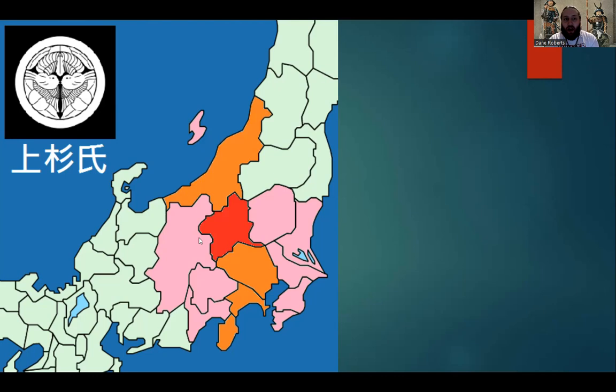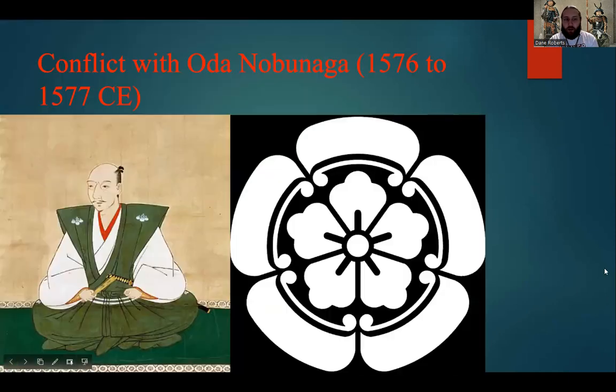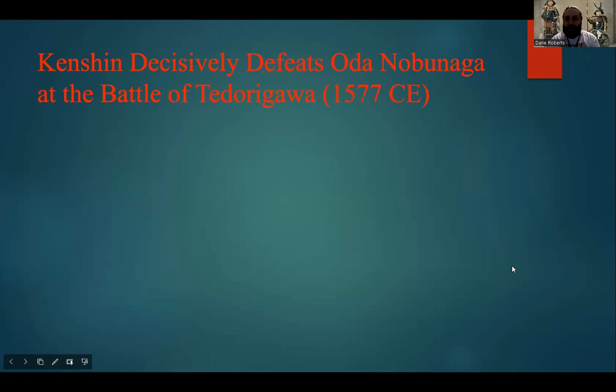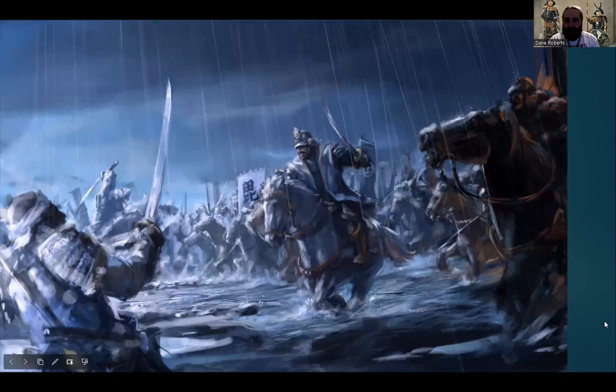And eventually, once the Uesugi clan increased its holdings, it would also bring the Uesugi clan into conflict with Oda Nobunaga, who would lead an army into Uesugi territory to battle Uesugi Kenshin at the Battle of Tedorigawa in 1577 CE. However, Uesugi Kenshin very decisively defeated the Oda army.